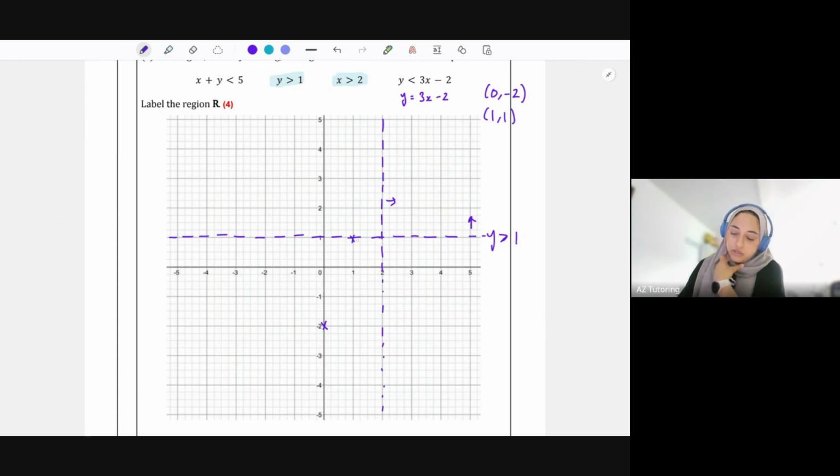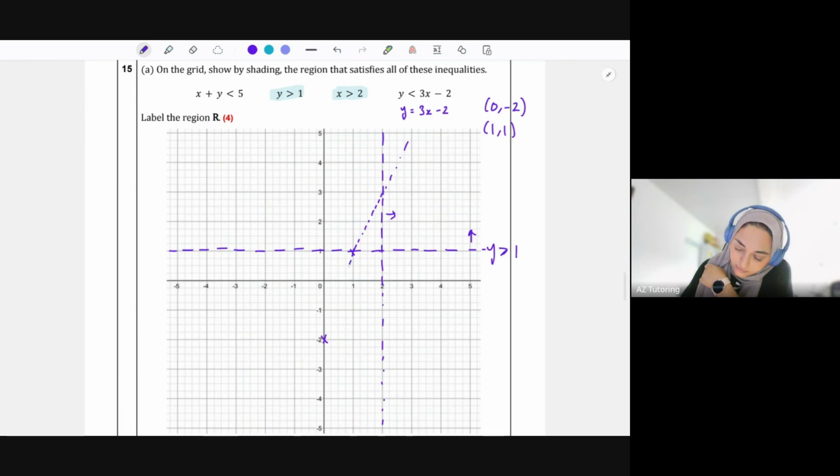It's a bit tricky to do this without having a ruler. It'd be a lot easier if I had a ruler, so I'm not second guessing where the lines are going to be.